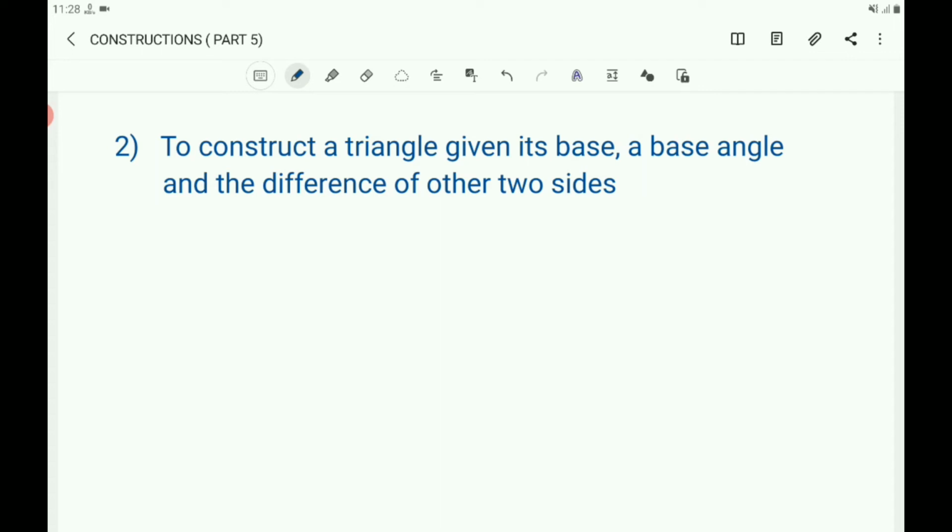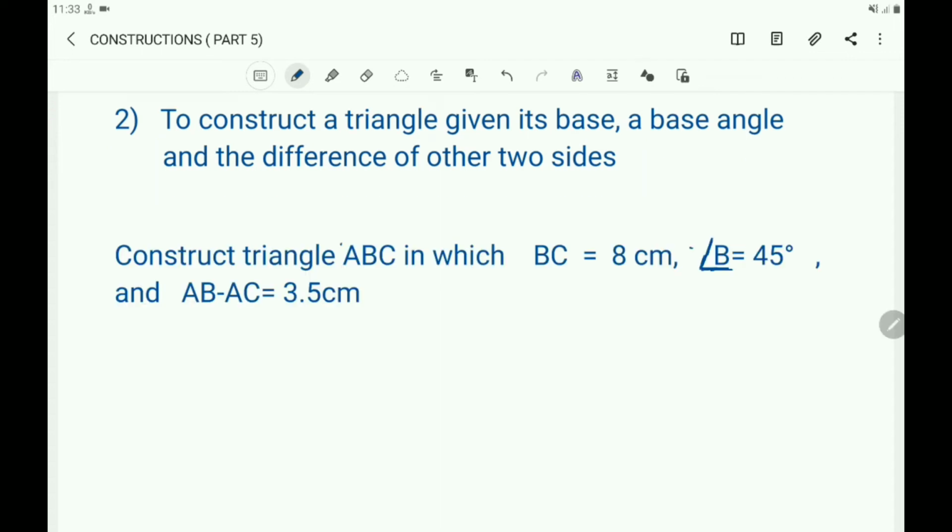Now let us take one example. The question is: construct triangle ABC given BC equals 8 centimeter, that is the base, angle B equals 45 degree, which is a base angle, and the difference of sides AB and AC, that is AB minus AC equals 3.5 centimeter.